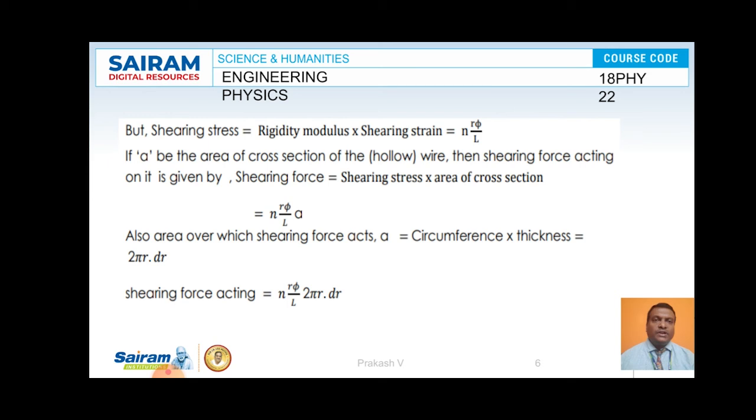If it is multiplied by dr, that gives the area. Therefore, the shearing force acting is equal to N into r phi by L into 2 pi r dr. This is the shearing force acting.